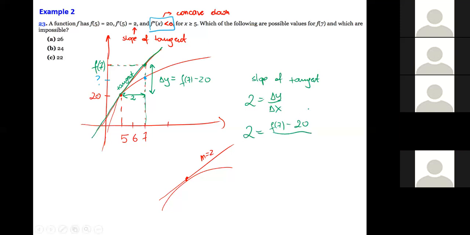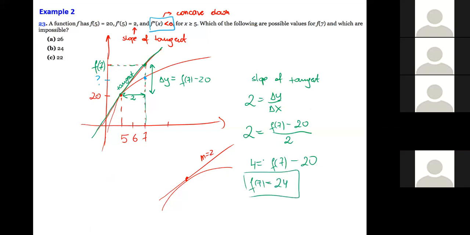And then the difference in x is 2. Right? Now I think we can try to find the possible f of 7. I can multiply both sides by 2, and f of 7 will be simply adding 20 to both sides.